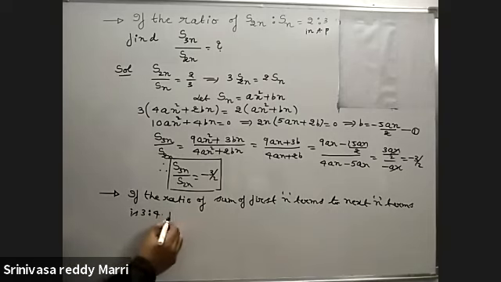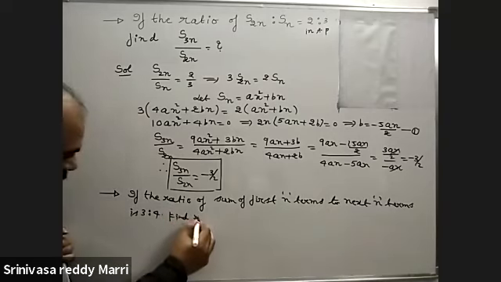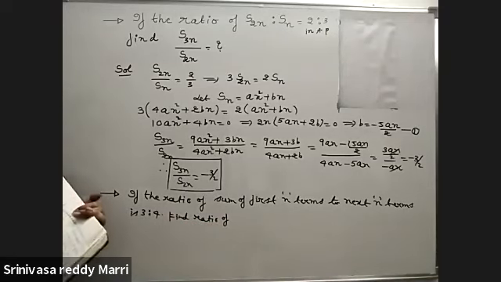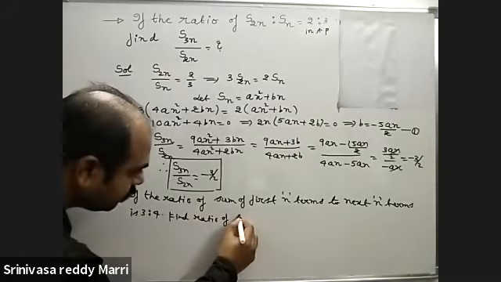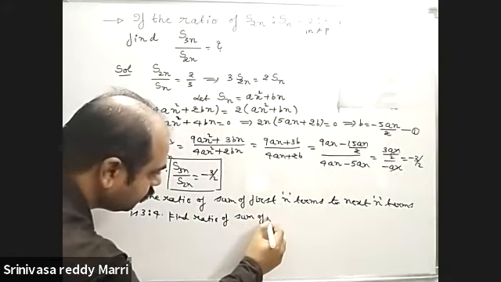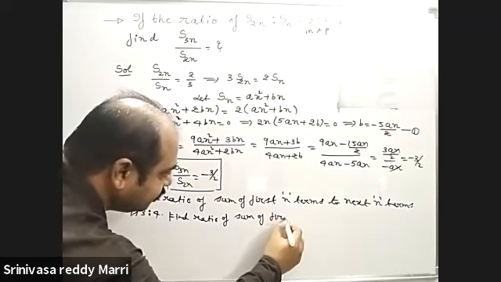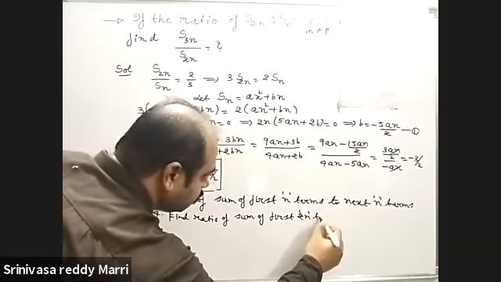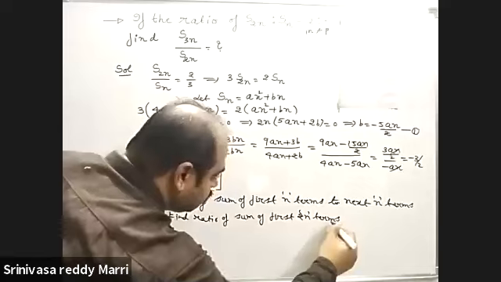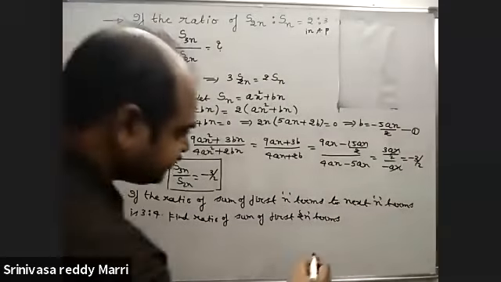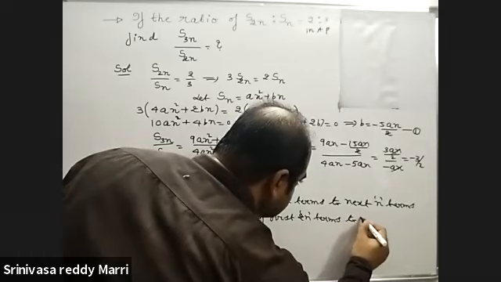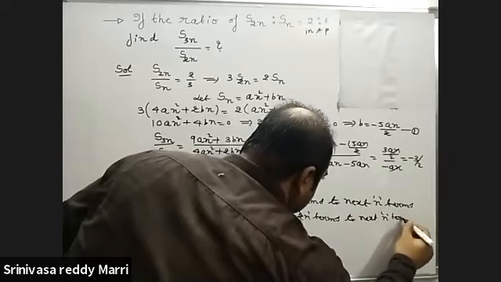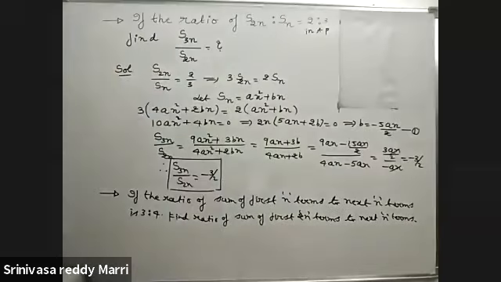Find the ratio of the sum of first 2n terms to the next n terms. Look at another different model.